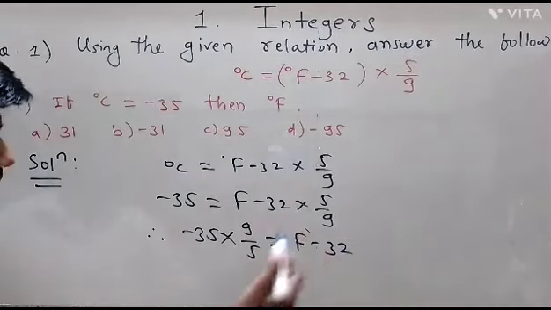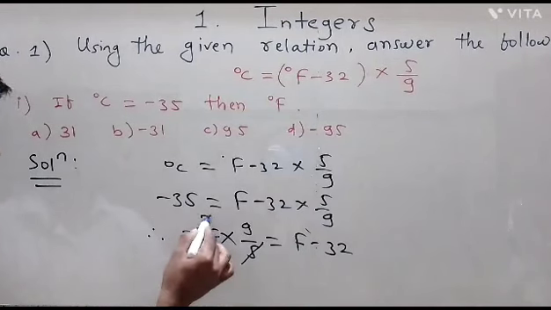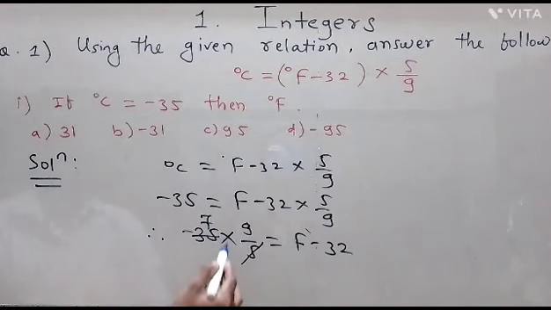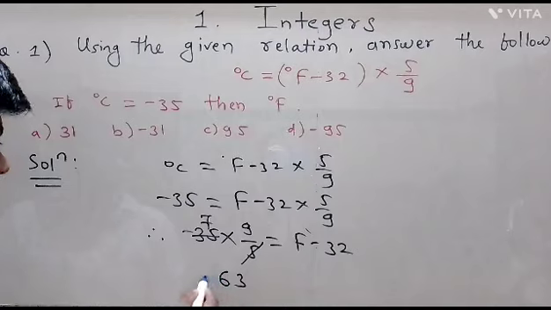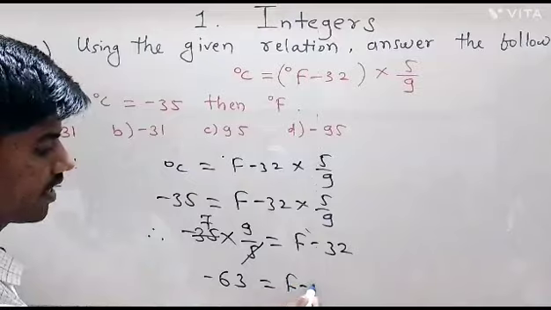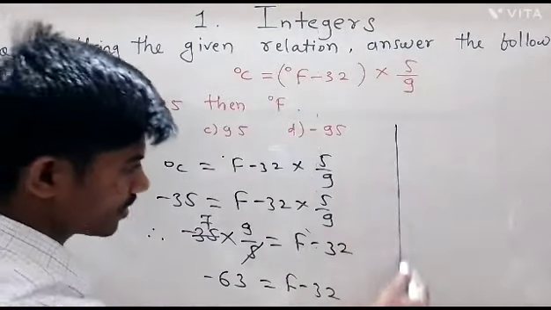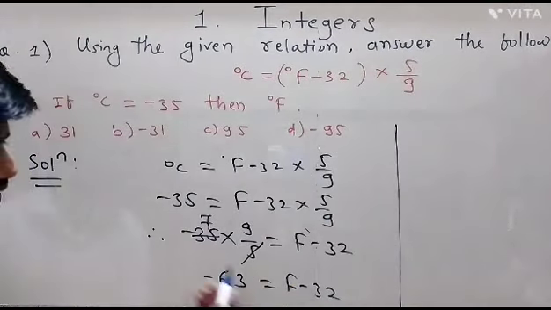Last step. 5 ones are 5, 5 sevens are 35. So minus 7 into 9 becomes 63, that is minus 63, because here it is a negative sign. So minus 63 is equal to Fahrenheit minus 32. I am mentioning the last step over here due to the lack of space.